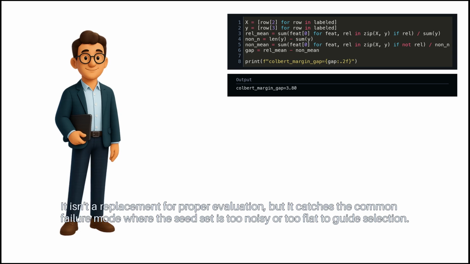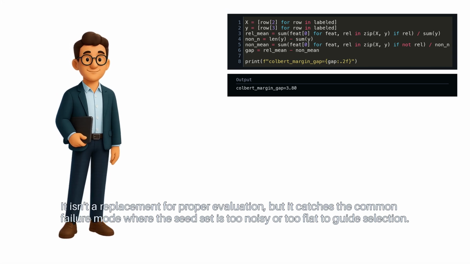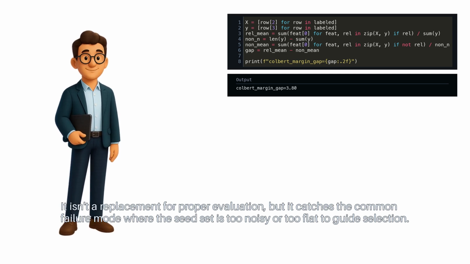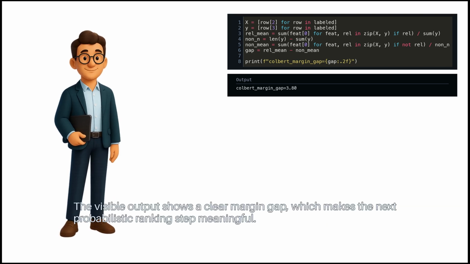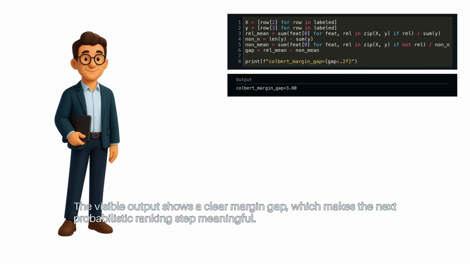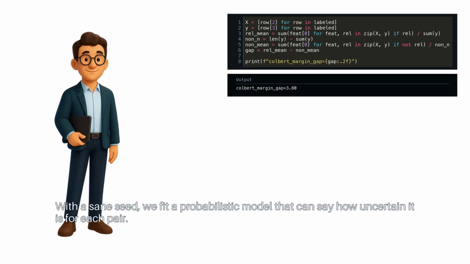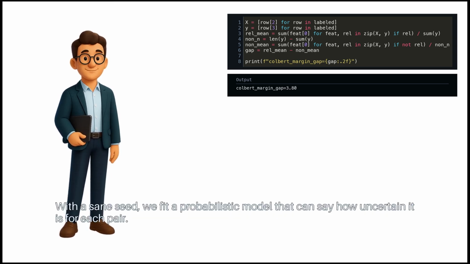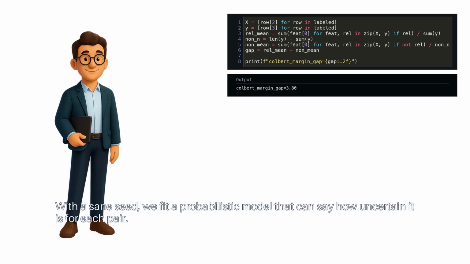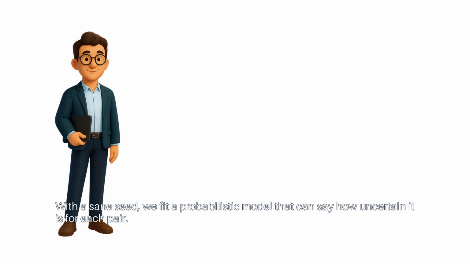It isn't a replacement for proper evaluation, but it catches the common failure mode where the seed set is too noisy or too flat to guide selection. The visible output shows a clear margin gap, which makes the next probabilistic ranking step meaningful. With a sane seed, we fit a probabilistic model that can say how uncertain it is for each pair.